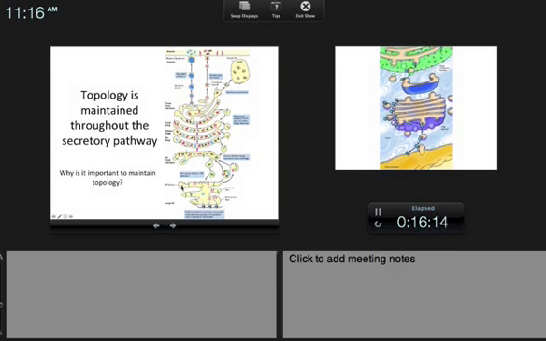Here's your vesicle. And we're going to talk all about budding and vesicles and targeting and all that stuff. But notice it's staying on the luminal side, and it's going to fuse with the Golgi, and it's going to go through the Golgi and do what it has to do in the Golgi, all the modifications of sugars and whatnot. And then you are going to make your way to the plasma membrane.